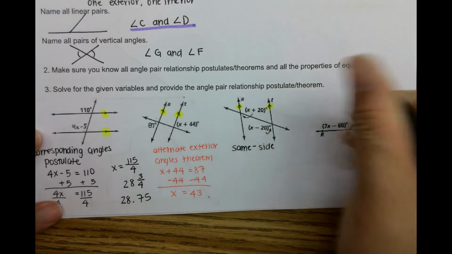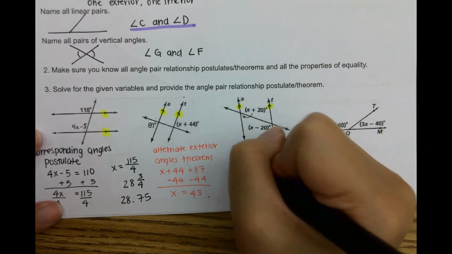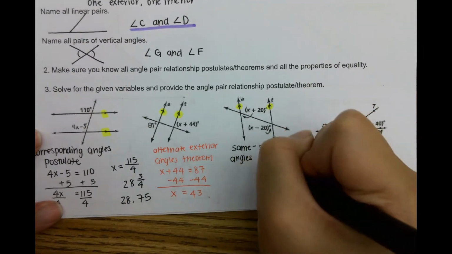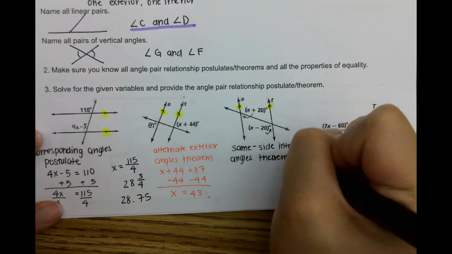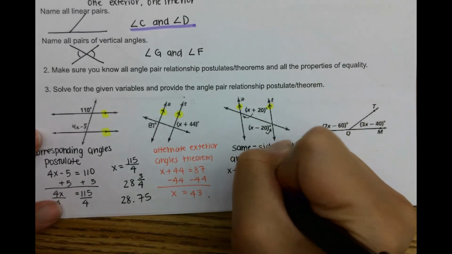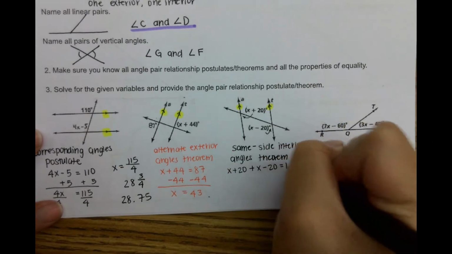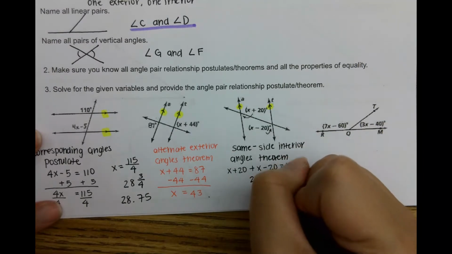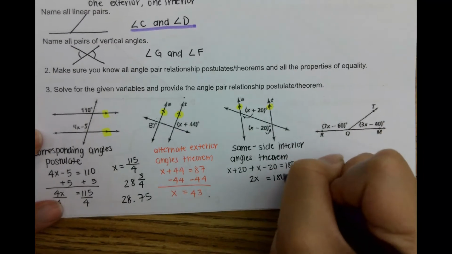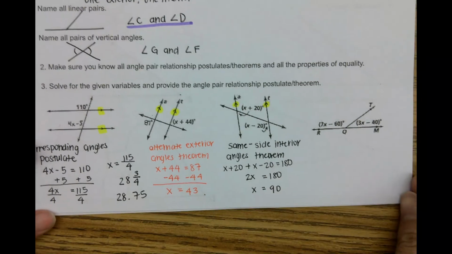So the same side interior angles theorem tells me that they are supplementary, which means that they add up to 180. So x plus 20 plus x minus 20 equals 180. When I combine like terms, I get 2x equals 180, which means that x equals 90.